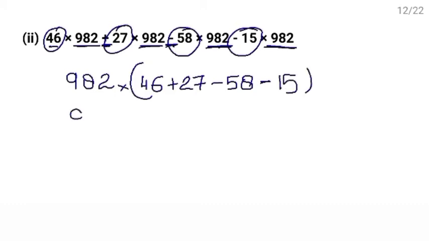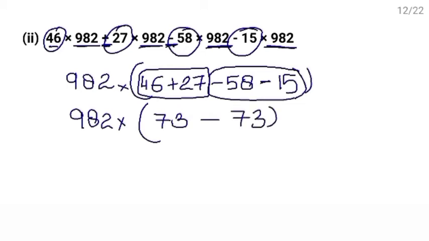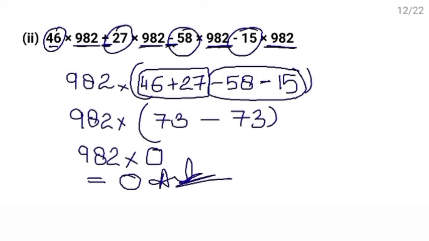Clear? Solve the bracket first. Both are of plus sign. When we add them, we get 73. Both are of minus sign. Signs are the same, so the values will be added. Add them, 73. Clear? So 982 multiply 73 minus 73 is 0. And when we multiply any number by 0, what do we get? 0. This is your answer.